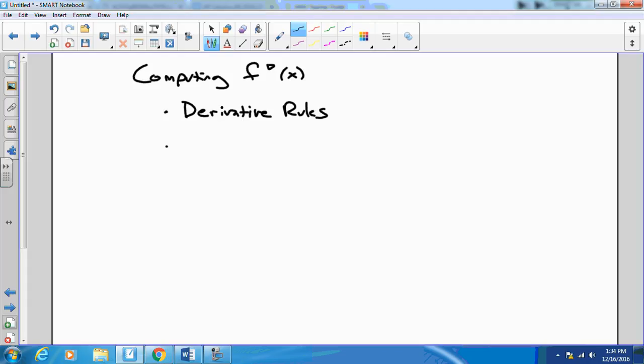Now, under what circumstances would I want to do anything else? Well, only if I'm looking at a function that is not one of my elementary families of functions. For example, if I have a piecewise function at the joint, then I would have to use the limit definition.